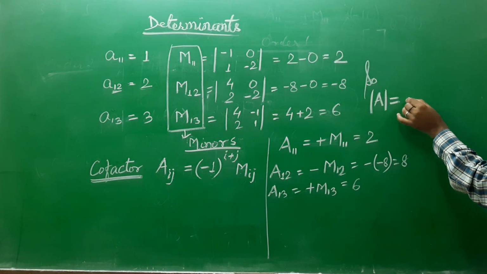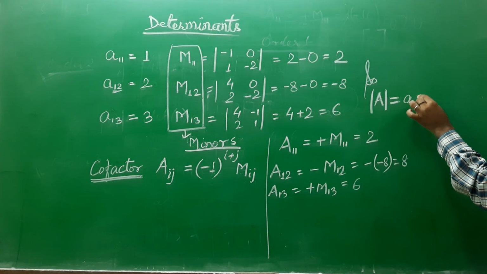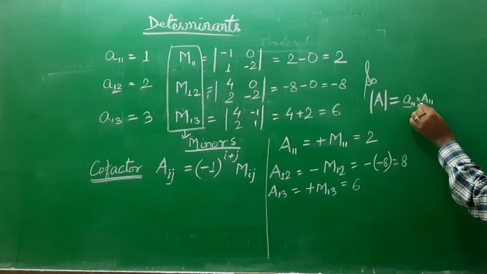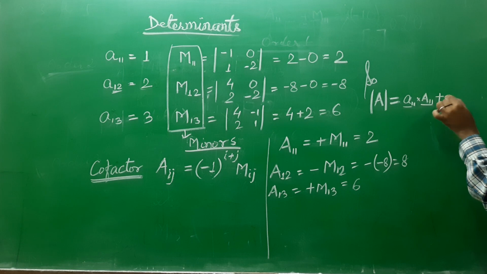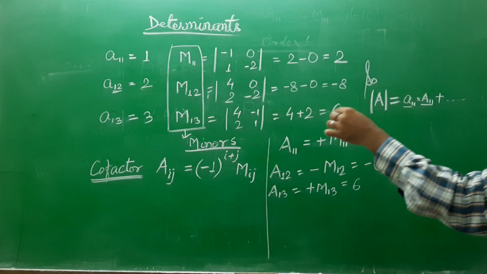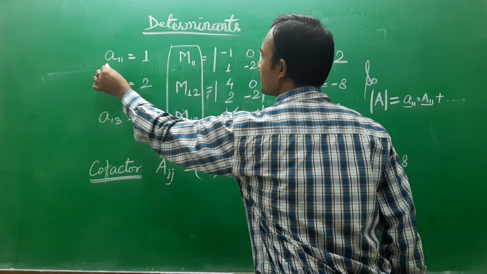Hence here, a11 into cofactor a11, plus the same for all three. We have the values for all three.